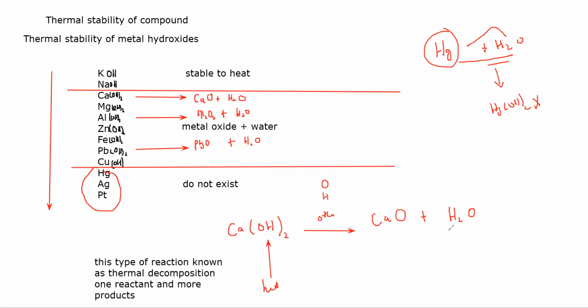Two oxygen on the left, and how many on the right? Calcium oxide has one, and water also has one, so in total it will be two. So you can see two oxygen on the right, two oxygen on the left, oxygen is balanced.